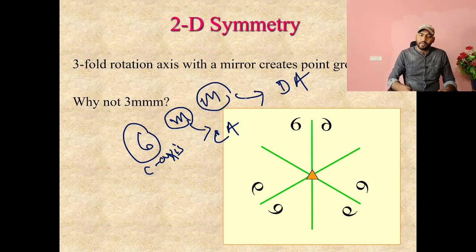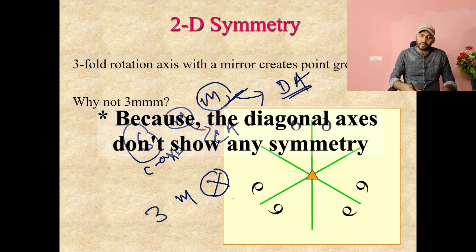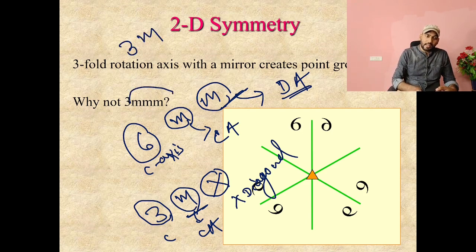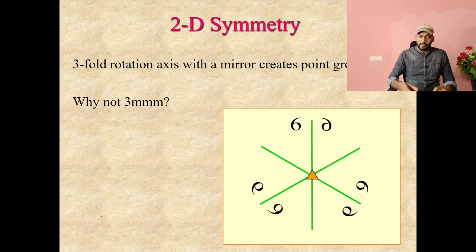When we talk about trigonal system, we will have only 3 and M. The third position is not there because we don't have diagonal. That means 3 axial mirror planes and the C axis is threefold. So the class name will be 3M, not 3 triple M or 3 double M. Hopefully it will be clear.